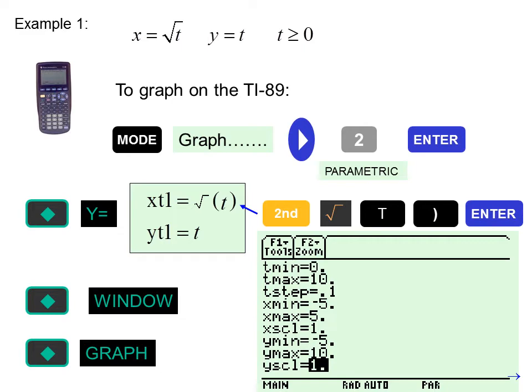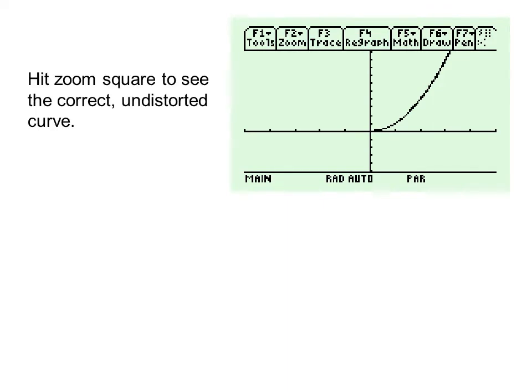We then press diamond graph. And there's our graph. If we hit zoom square, there's our zoom command right there, F2, we can see the correct undistorted curve.